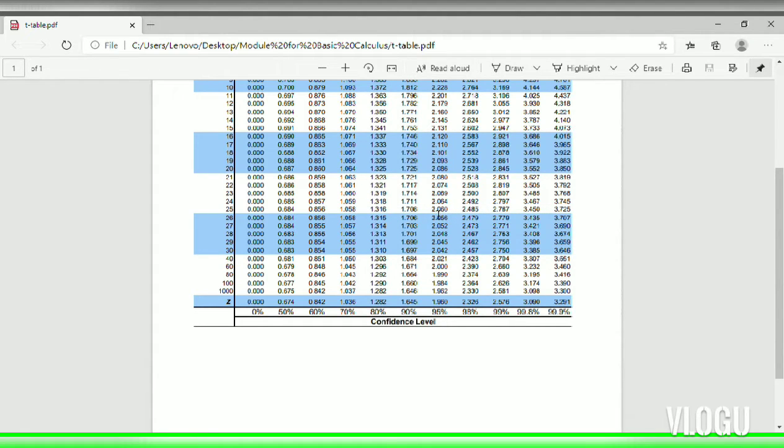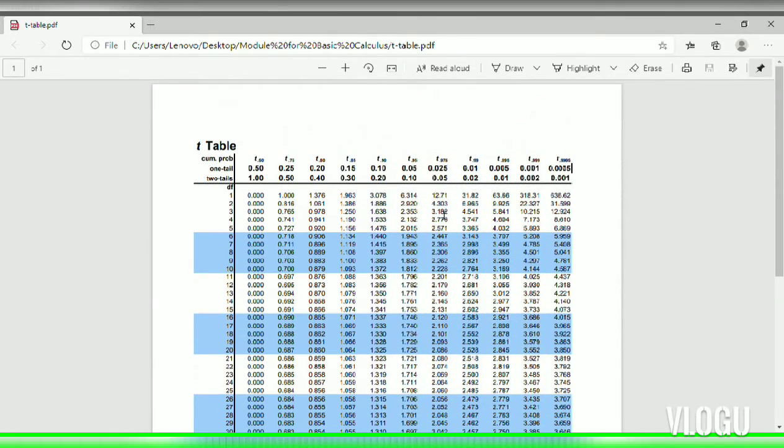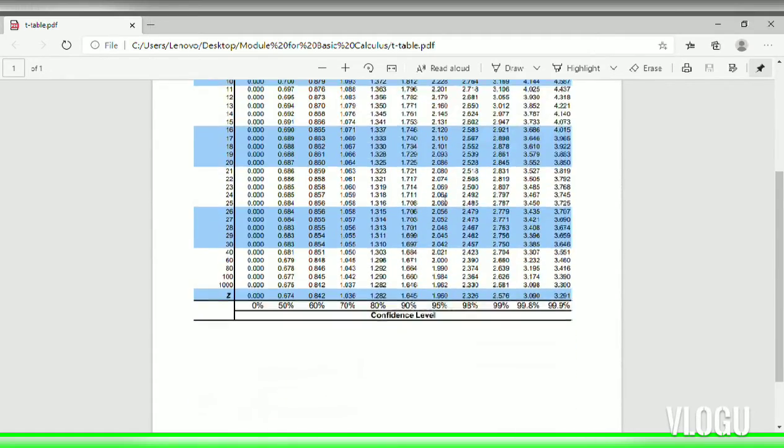So mao na ang atong critical value, 2.060. So 25 ang atong df, ang atong alpha is 0.05 sa two-tailed. As you can see, 0.05 na sa atong linya diri.